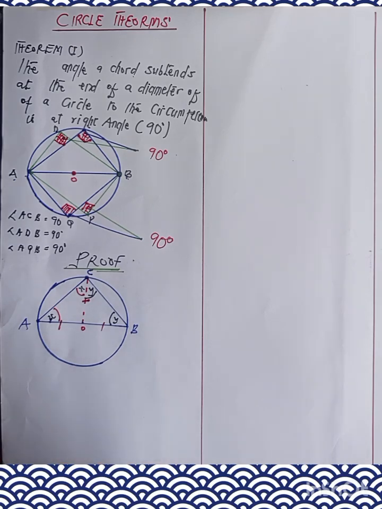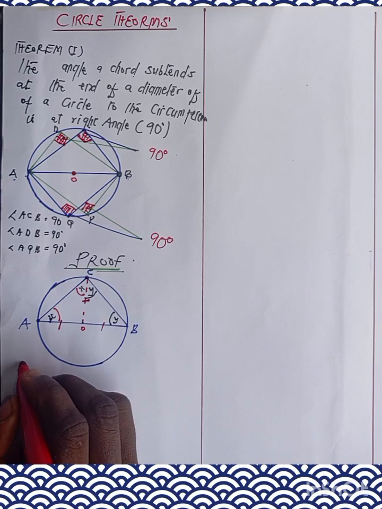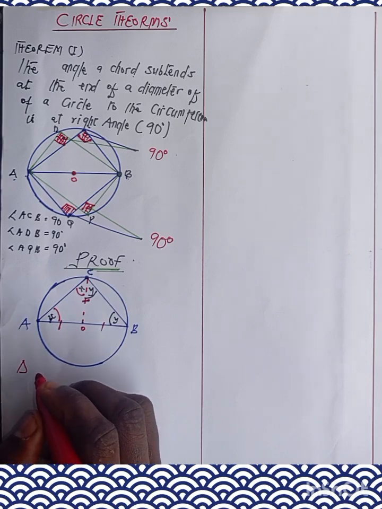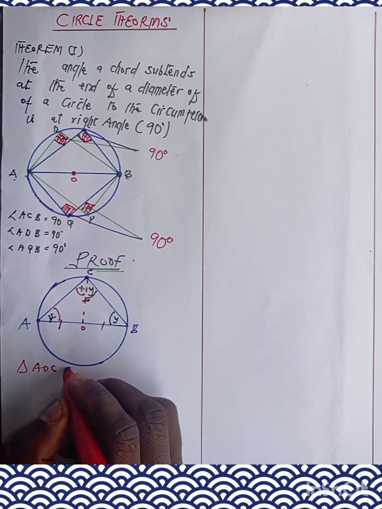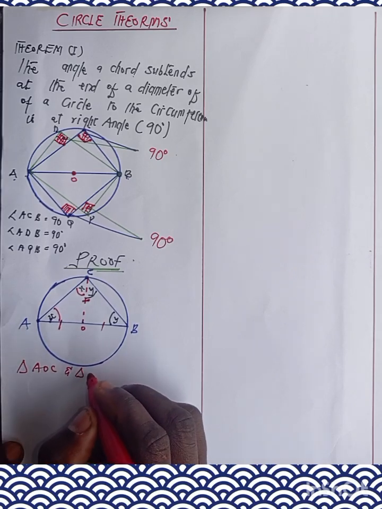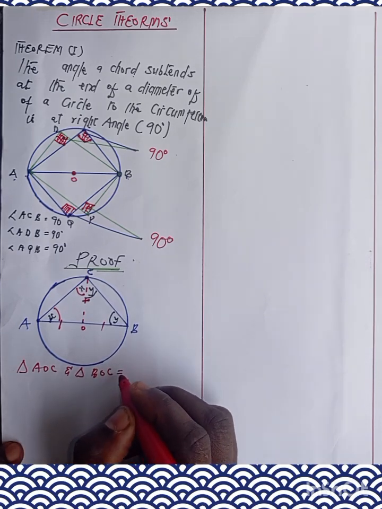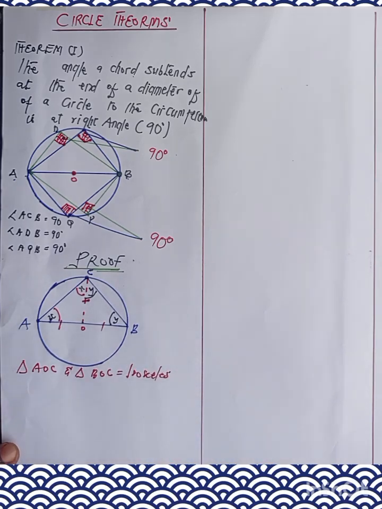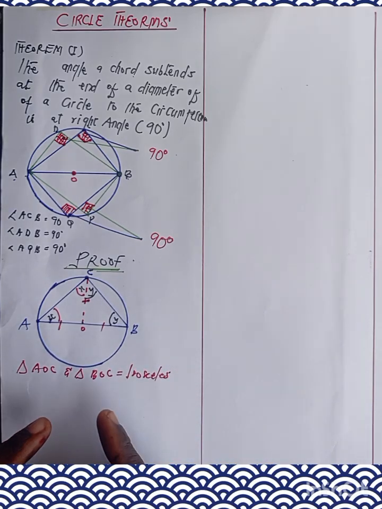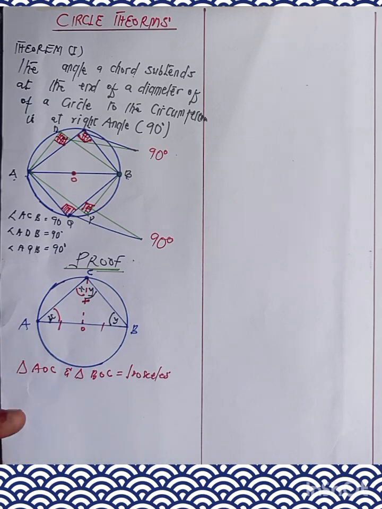Now, we can see that triangle AOC and triangle BOC are both isosceles triangles. Now let's try to find the sum of the interior angles of AOC and then what? BOC. Now we know that the sum of the interior angles of every triangle is what? 180 degrees.